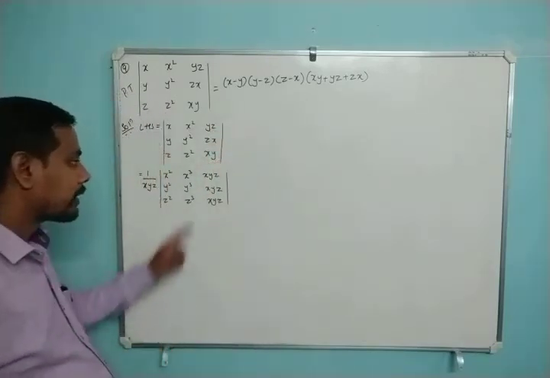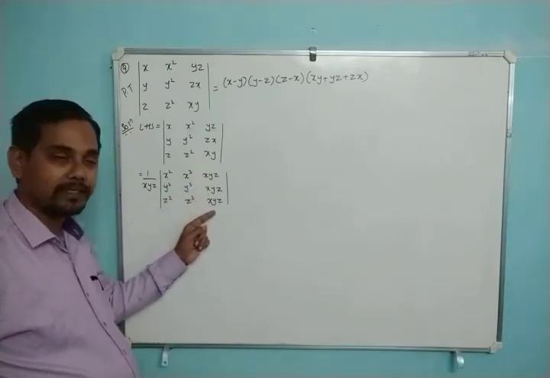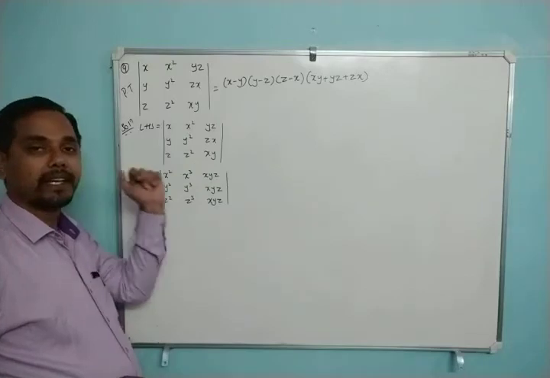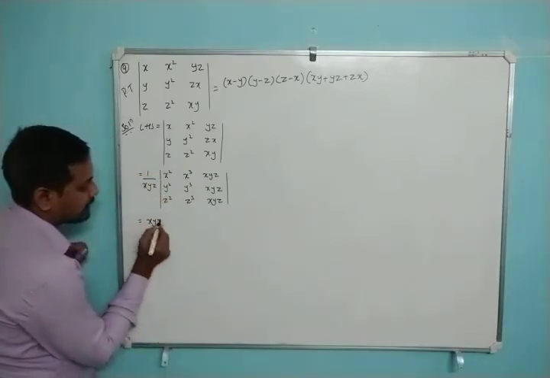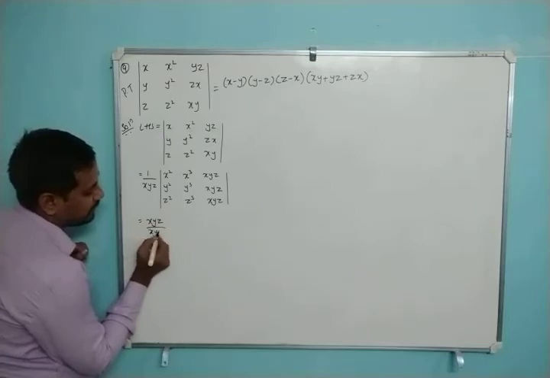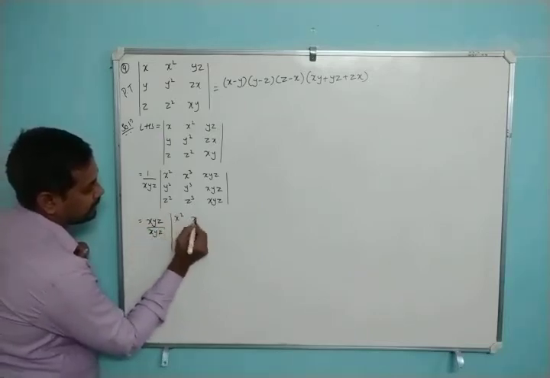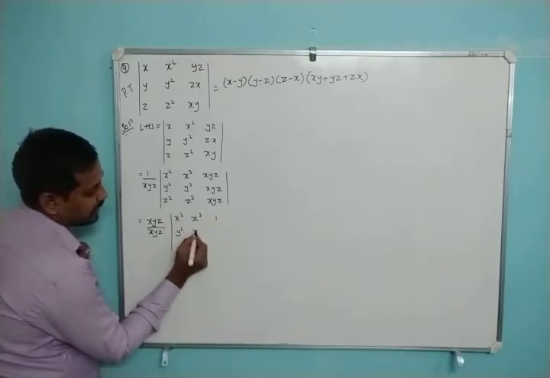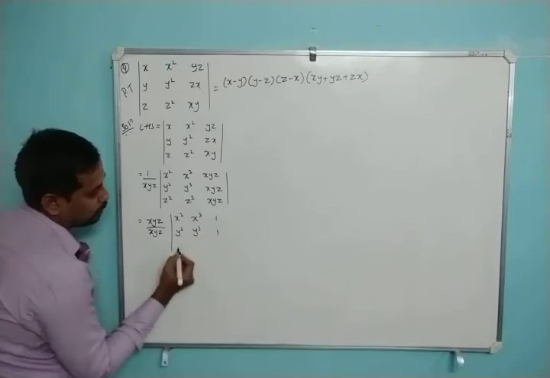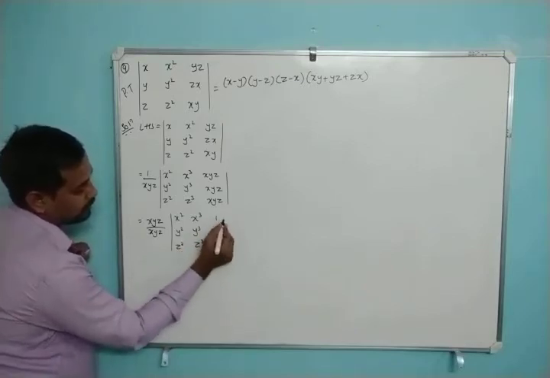So now here you can observe xyz, xyz and xyz is there. So from column 3 I can take xyz outside. So it becomes xyz by xyz, with the rows x square, x cube, 1; y square, y cube, 1; z square, z cube, 1.